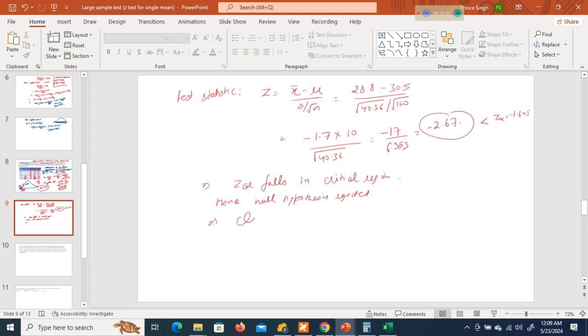It implies that the claim of the insurance agent that the average age of the policyholder is less than 30.5 years is correct.